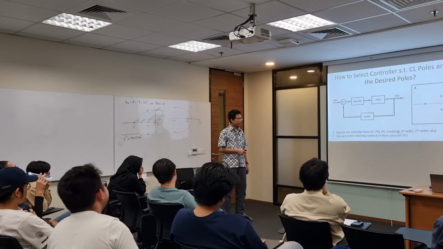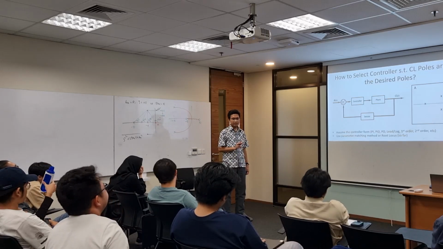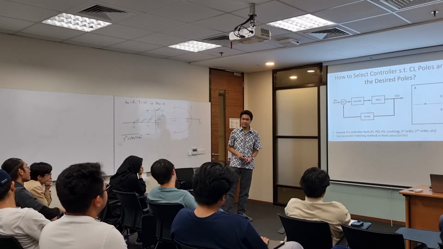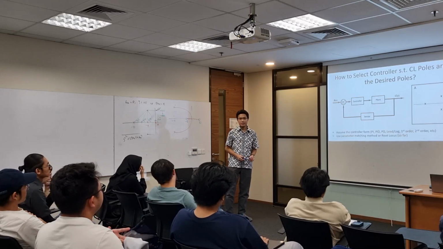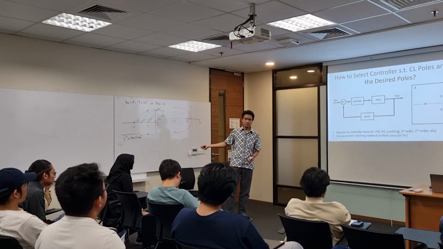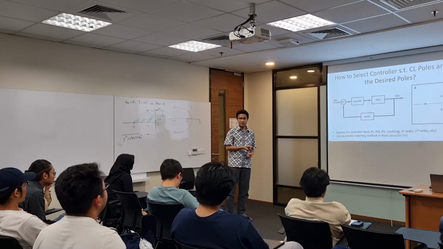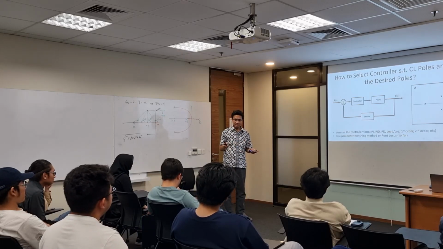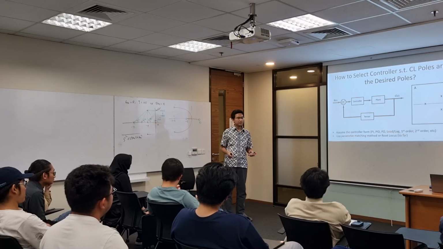Actually, we learned about two methods so far. Okay, two methods: root locus and then the parameter matching method. Parameter matching method, I don't know whether you remember or not. You assume a form of the controller, let's say P, PID, or PI, and then you expand the closed loop transfer function.